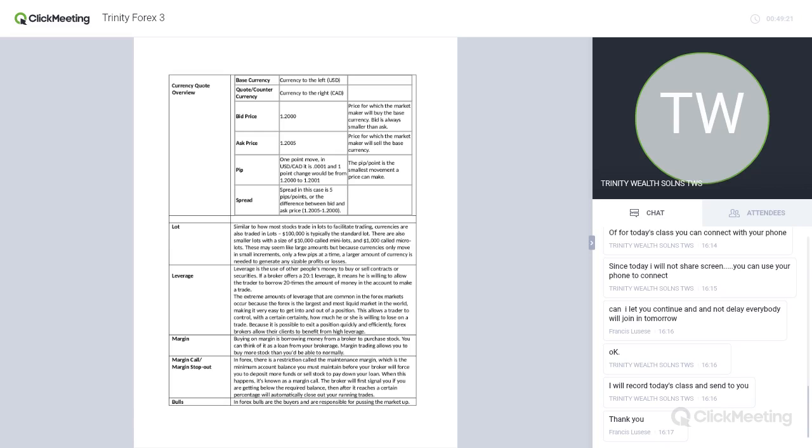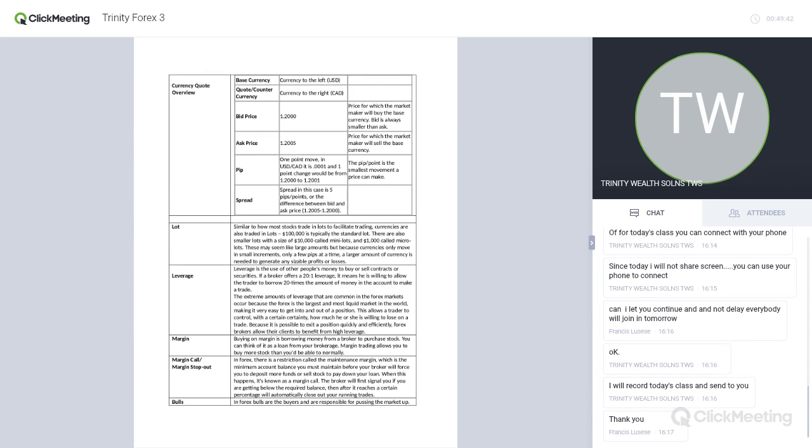The base currency is always 1 unit versus this number of units of the quoted currency. Then the ask price is 1.2005, the price at which the market maker will sell the base currency. Because we want to buy now, it is a little bit higher.